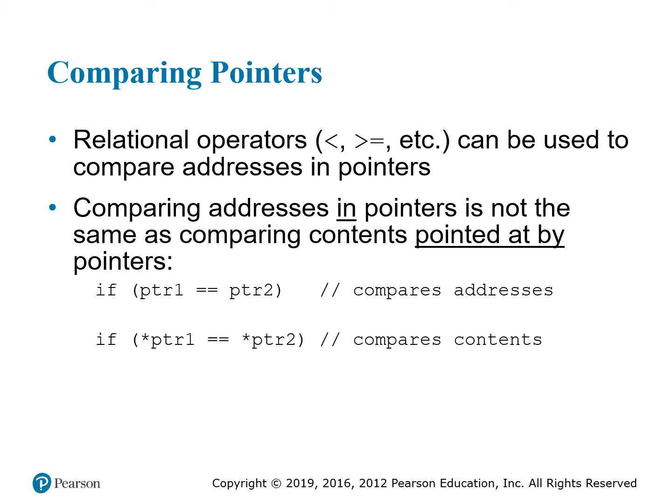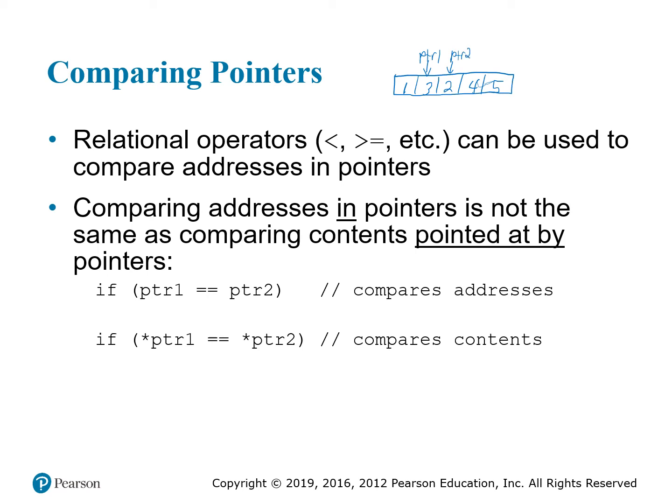So if we have an array of values 1, 3, 2, 4, 5, and pointer 1 points here and pointer 2 points there.